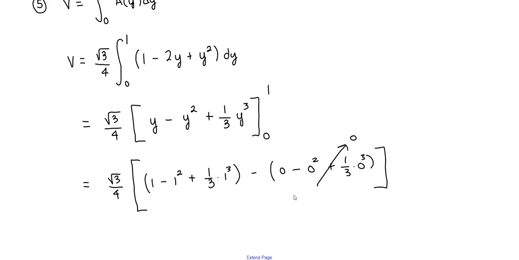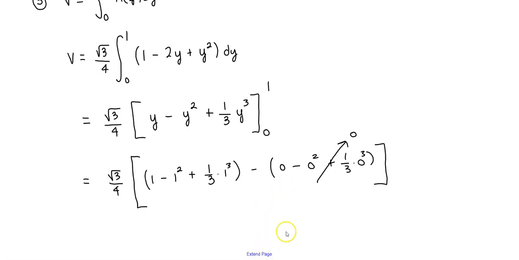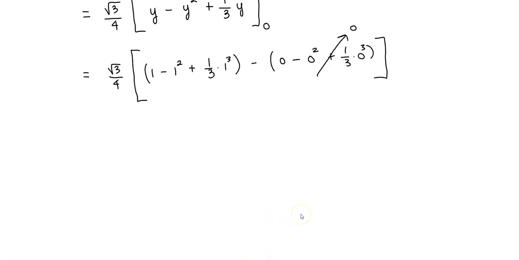We know that this is going to give us 0. So now let's add here. We have 1 minus 1 squared, which is going to give us 0. And then we have 1/3 times 1, which is just 1/3.